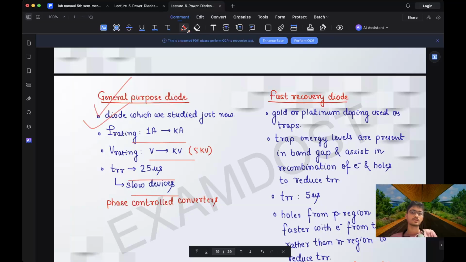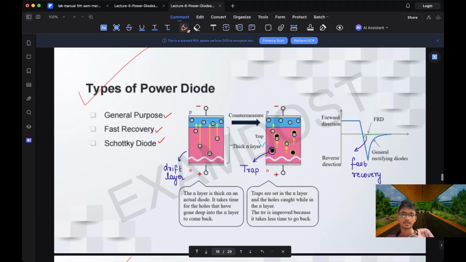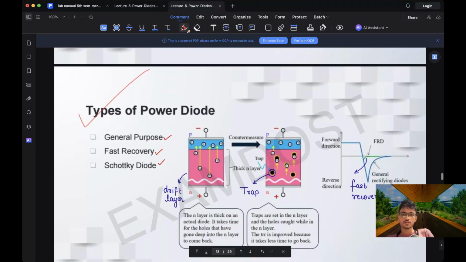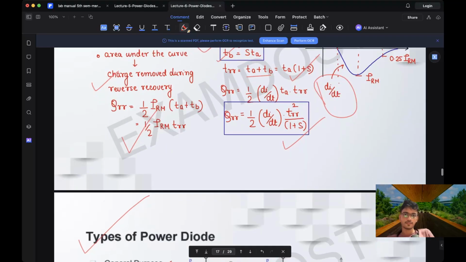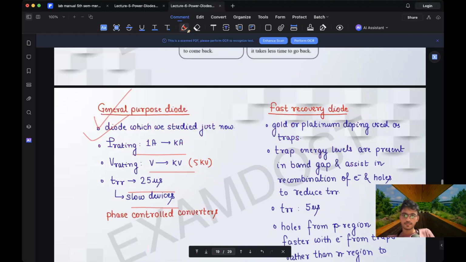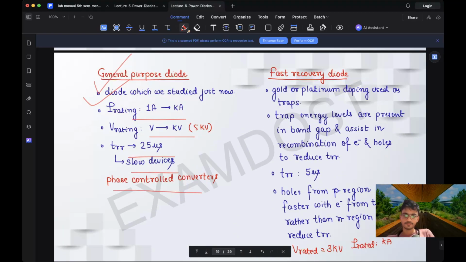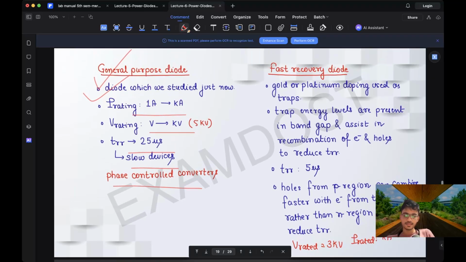Snappy is less than one, and there is also soft and snappy, SS soft. Then there is the fast recovery diode, which is in the range of a few microseconds.